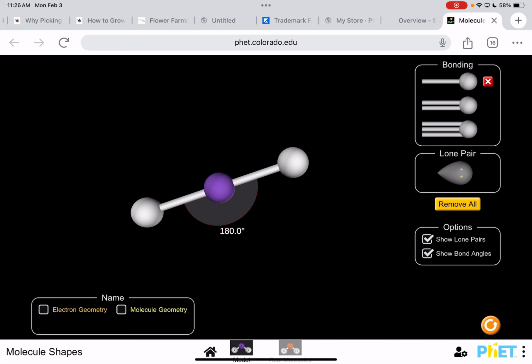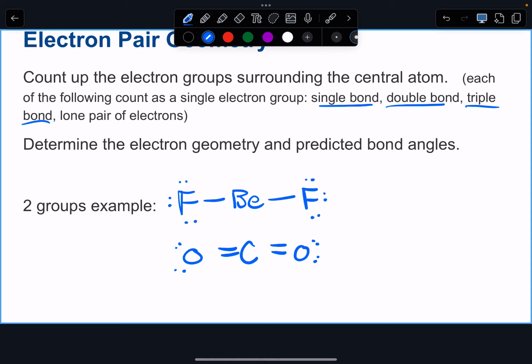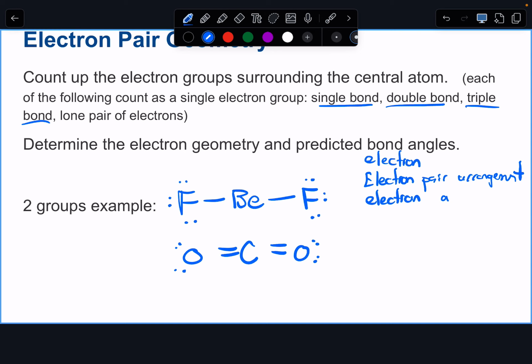So on the bottom here, you'll see it says electron geometry and molecular geometry. The other terms you'll hear for this are electron pair arrangement, or maybe electron arrangement, or electron geometry like it is on the model.